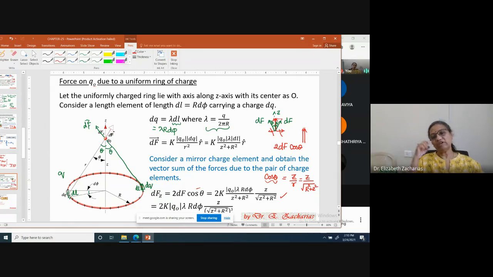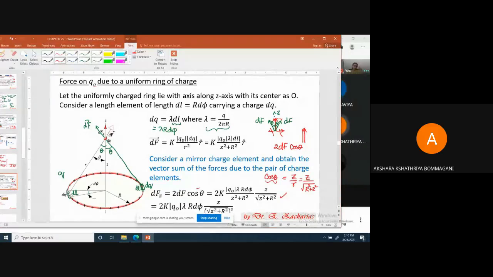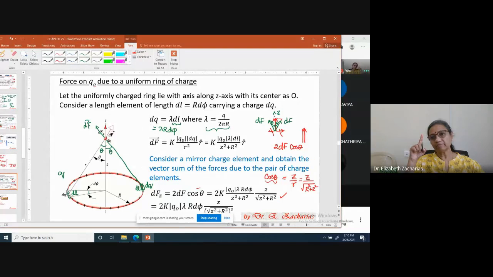What will come out of the integral? Can you guess? Before I show it, I want you to tell me. Which are all constants? Is q naught a constant? Yes, ma'am. Lambda, yes. Capital R, yes. Z.